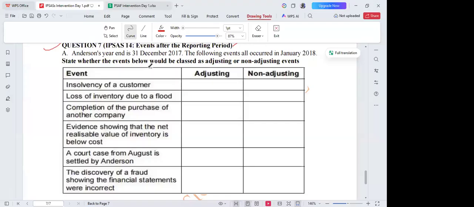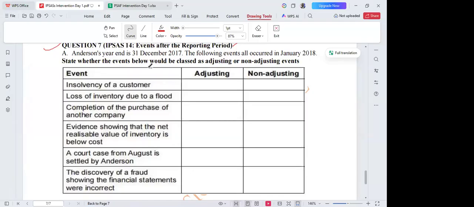Karen, go ahead. It's an adjusting event. Why? Because the insolvency of a customer happens after the reporting period, maybe in case the customer is not able to pay.